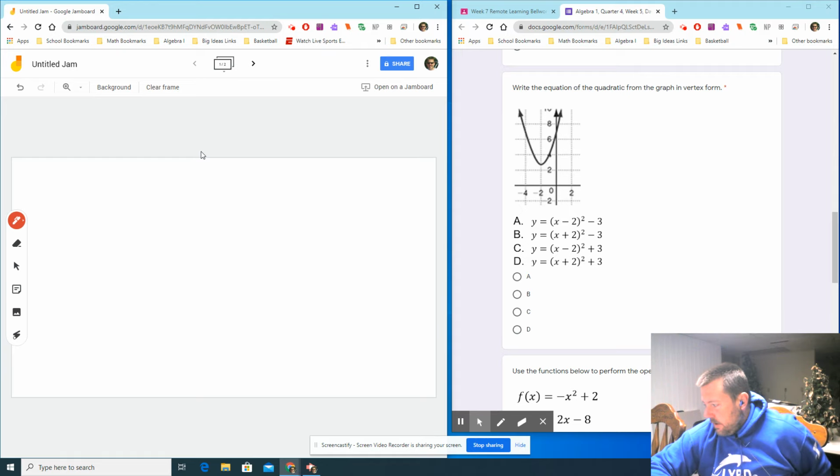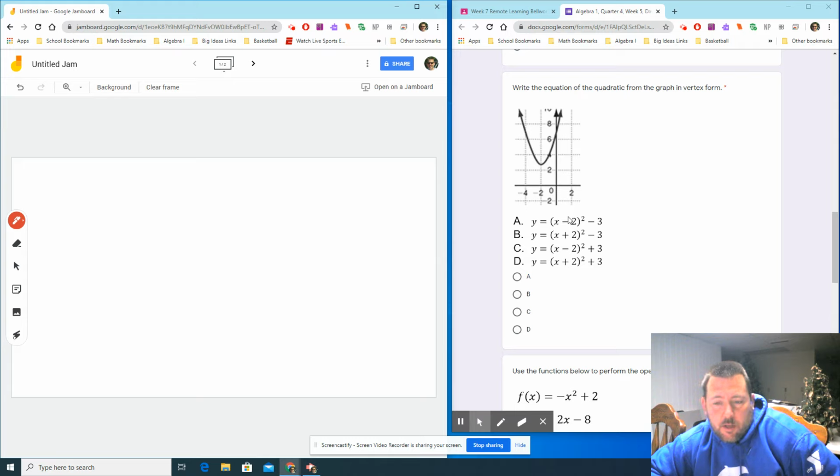Okay. Now, this was a little trickier for me, but because it's multiple choice, I just kind of work backwards here a little bit. So if you remember vertex form, our vertex is going to come from these particular parts right here.